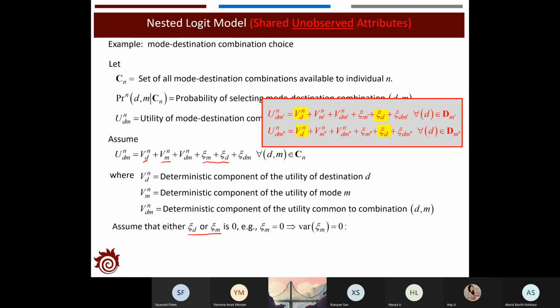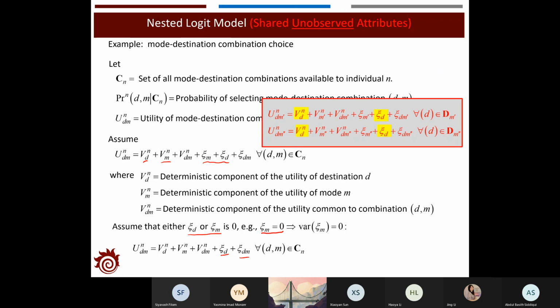For example, let's assume that epsilon m is 0. So we can remove epsilon m from the utility equation, and with that we have the utility of the combination of d and m as vd plus vm plus vdm plus epsilon d plus epsilon dm.